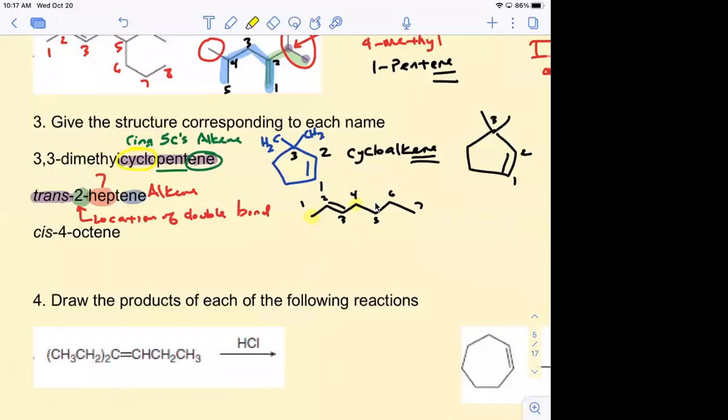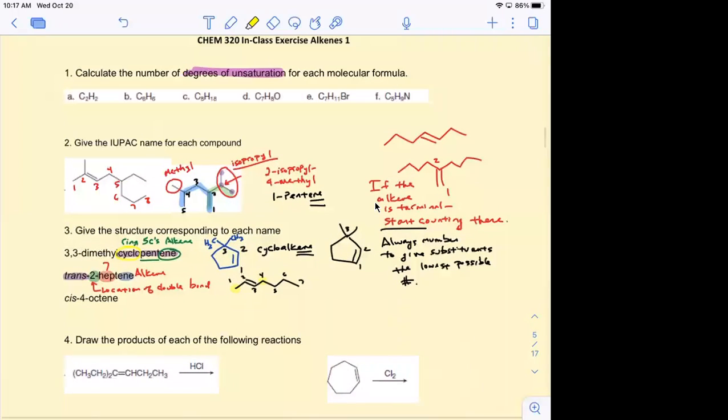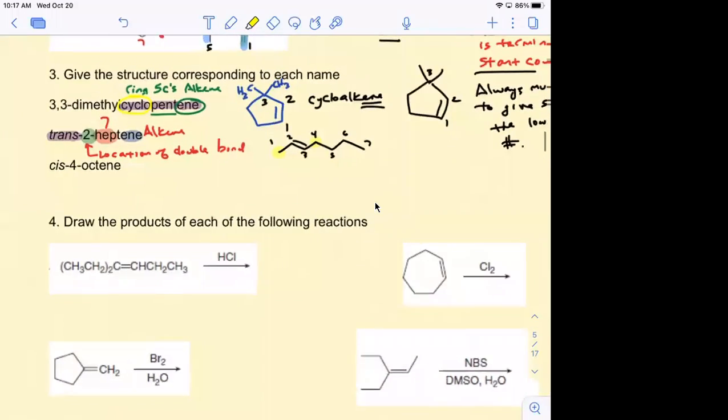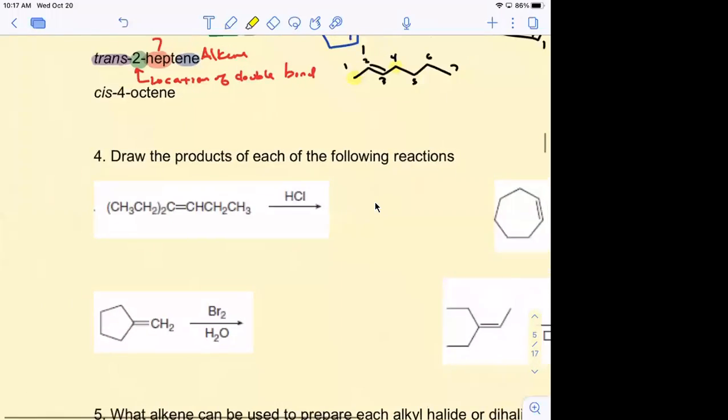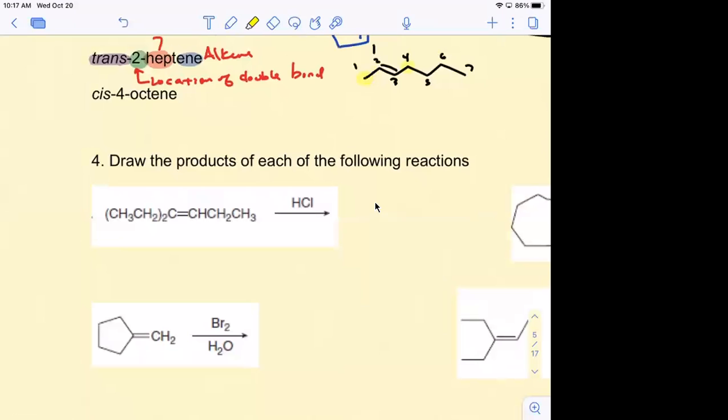All right, let's do the last one. And then we're going to do some of these degrees of unsaturation problems. And then we're going to move on to start some of these reactions. All right. So here, cis 4-octene. What's the parent? Octene. Right.